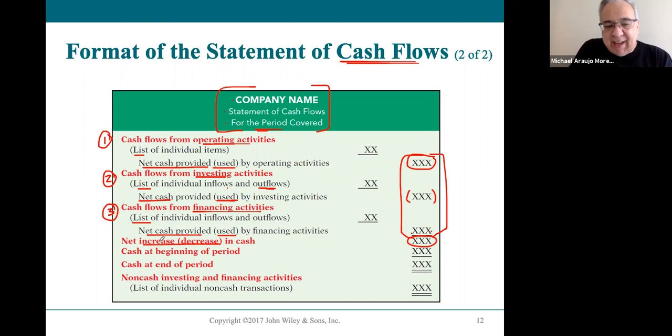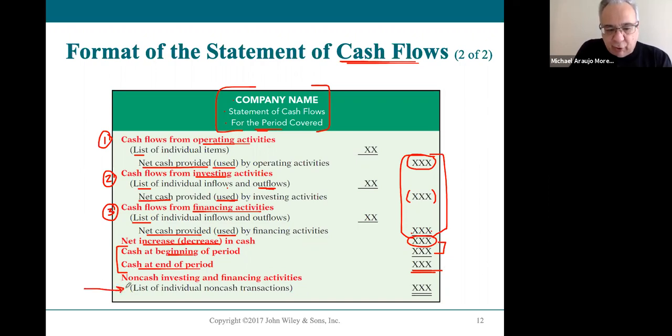That increase or decrease is simply added to the beginning balance of cash, and the difference is going to be the ending balance in cash. So the ending balance in cash is the beginning balance combined with the increase or decrease that's calculated. The difference will be the cash at the end of the period. That's normally what's on a cash flow statement.